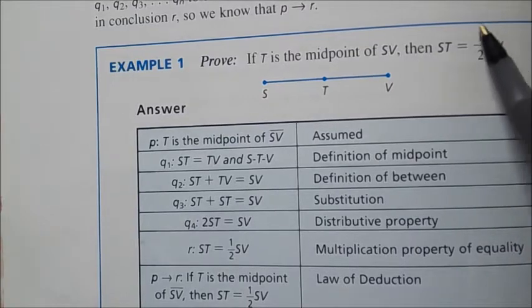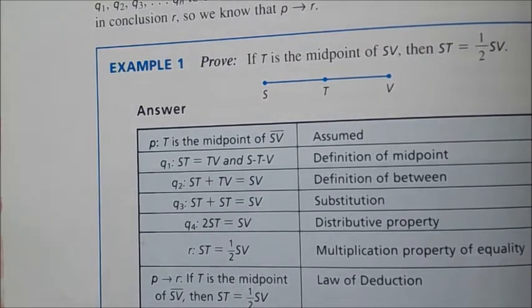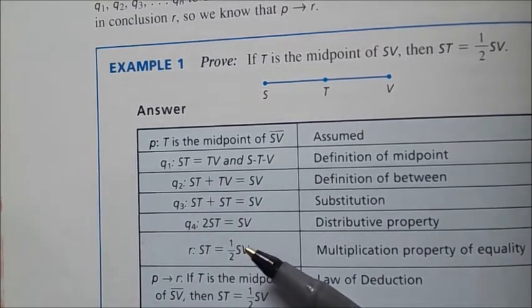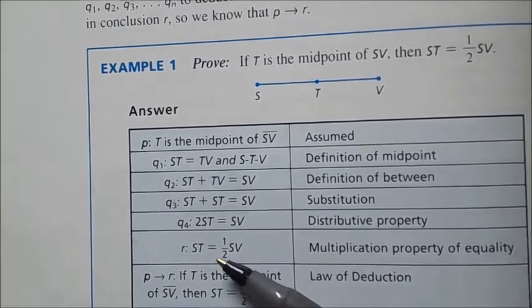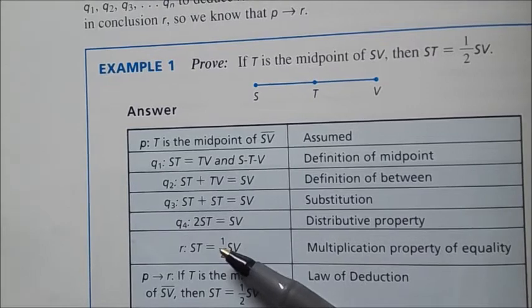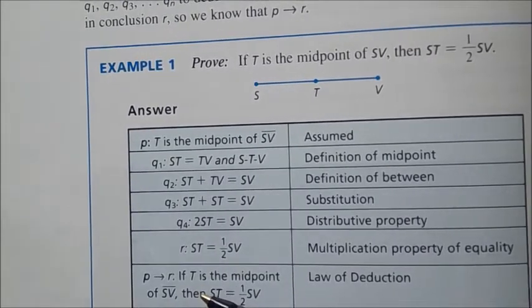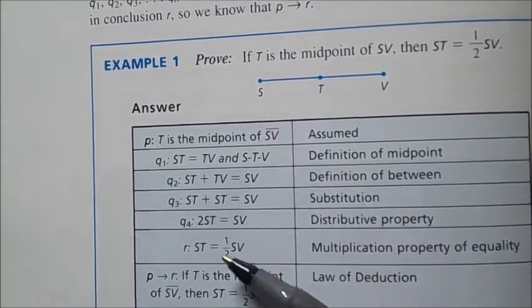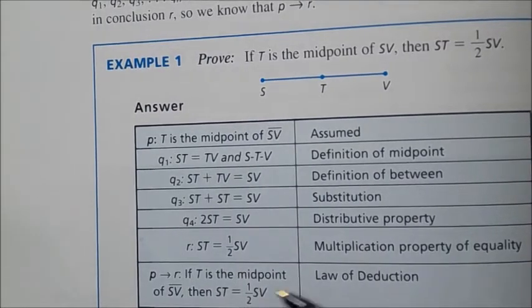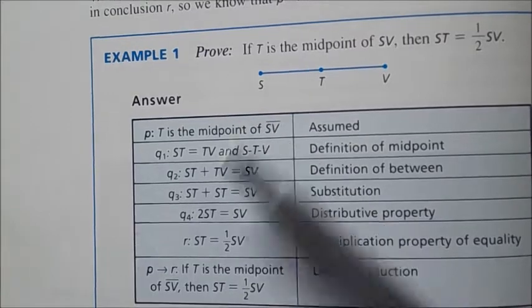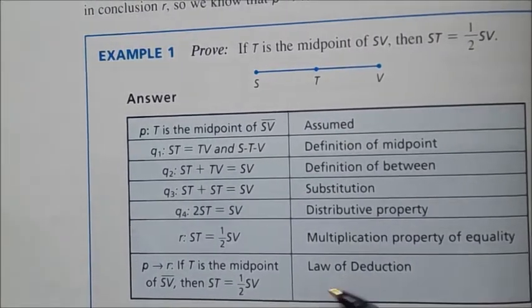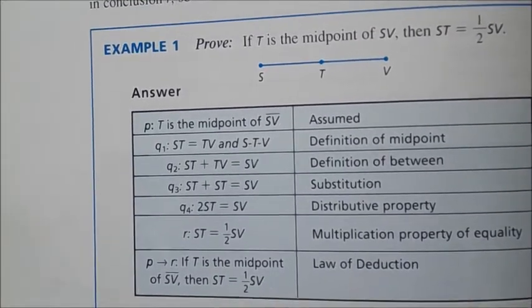If you can finally get to this line right here, which is the second to the last line, it's always the second one. So if this, and you work it, then it shows up what you were trying to get, then you get to state at the last line, if P, then R is a fully true statement. You kind of just get to leave the middles out. If P, then R, and your reasoning is because of the law of deduction.